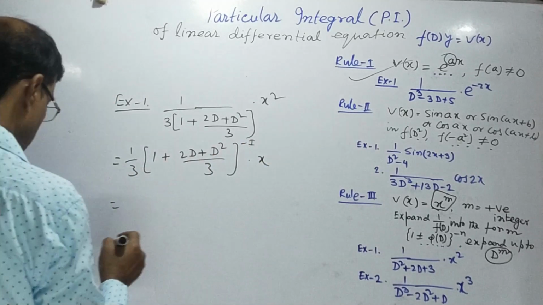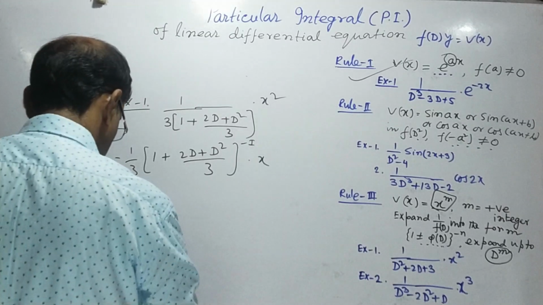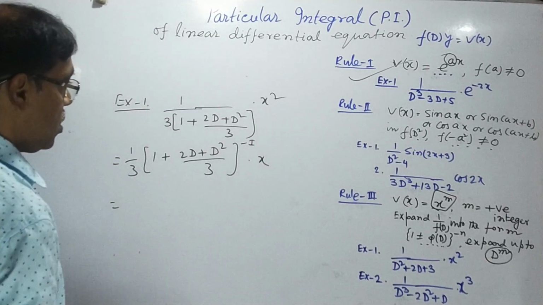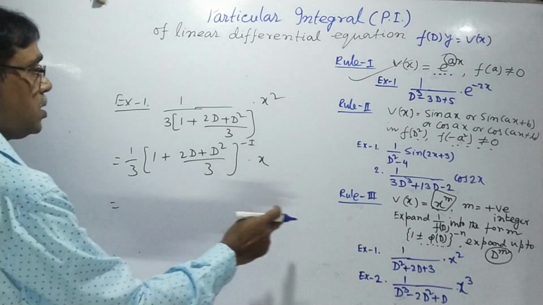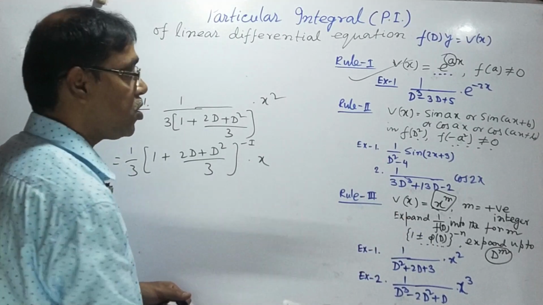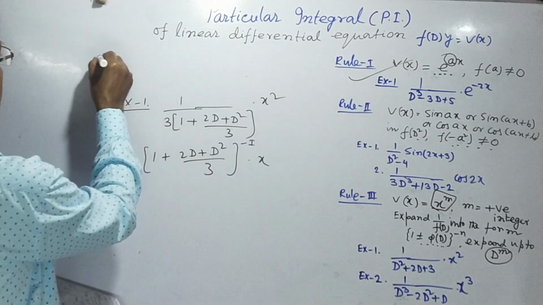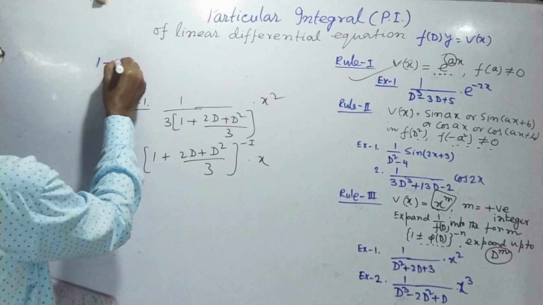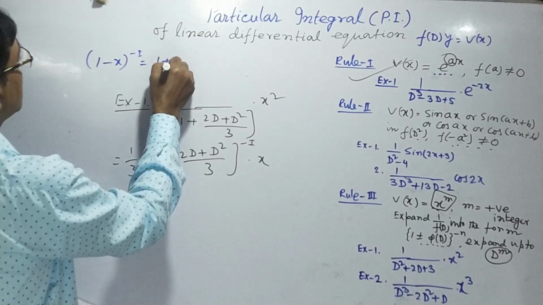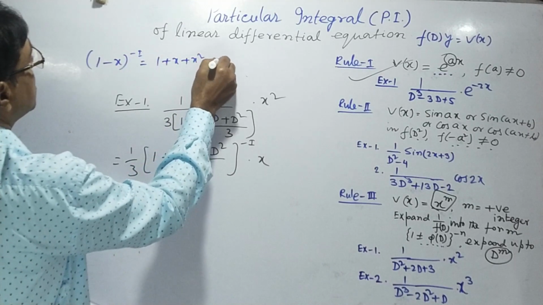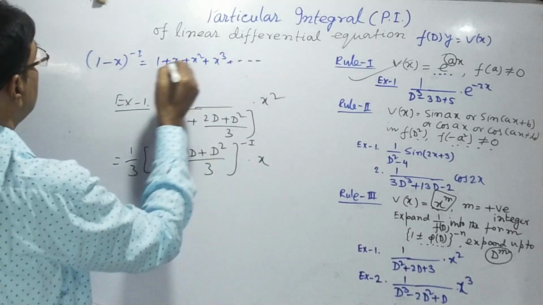Expand this; at least remember the expansion of the infinite binomial series: 1 minus x to the power minus 1 equals 1 plus x plus x square plus x cube and so on.